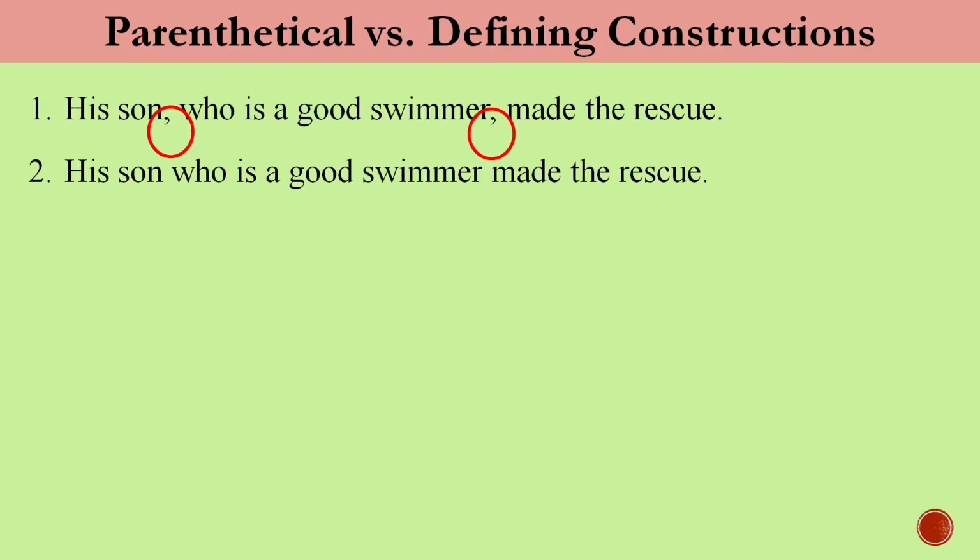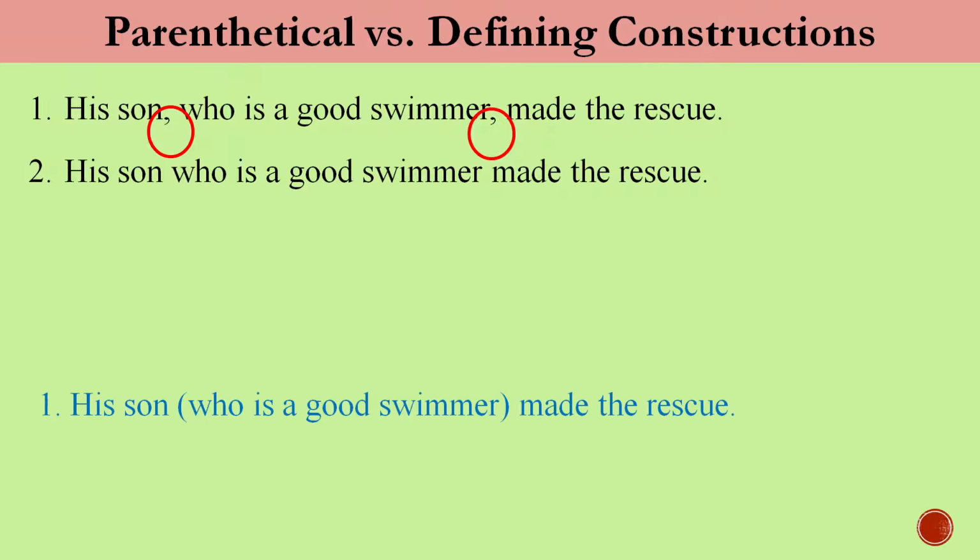But because of the presence or absence of these two commas, there is a difference in meaning. The first one is what we call a parenthetical construction. You see here, his son, who is a good swimmer, made the rescue.